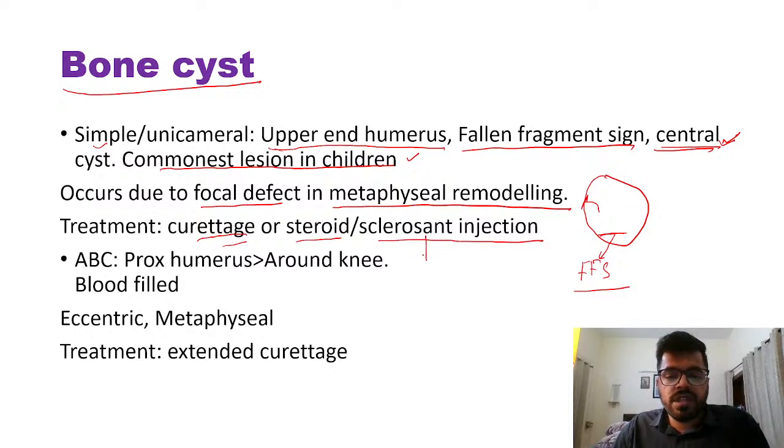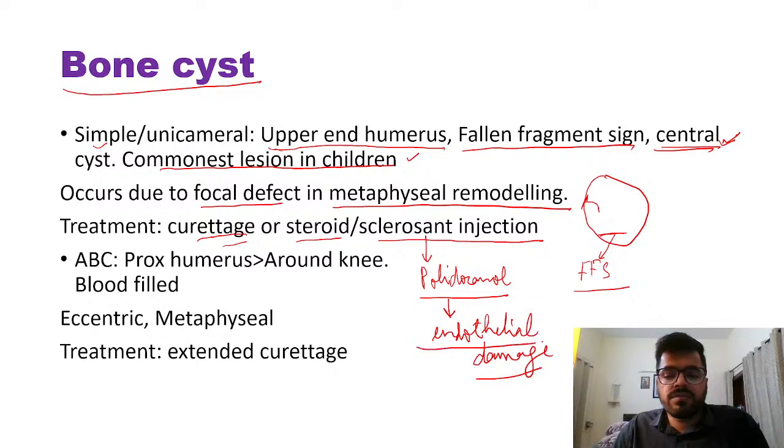Sclerosant like polidocanol leads to endothelial damage of the lining, which leads to coagulation cascade activation.